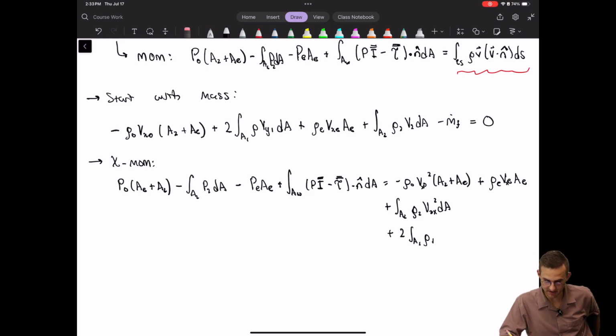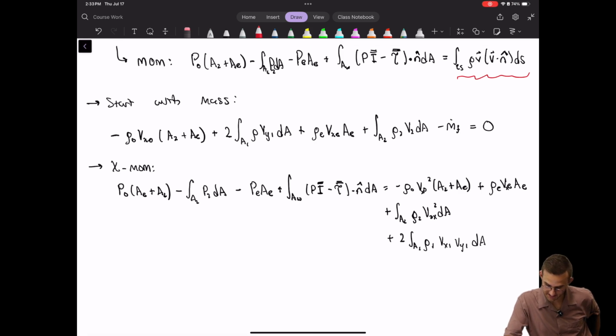So this term ends up being Vx1 times Vy1 dA. The Vx1 is just from the x component of this overall term. And then the Vy1 is the fact that we're looking at the top and bottom surfaces, so V dot n hat along that surface is Vy.